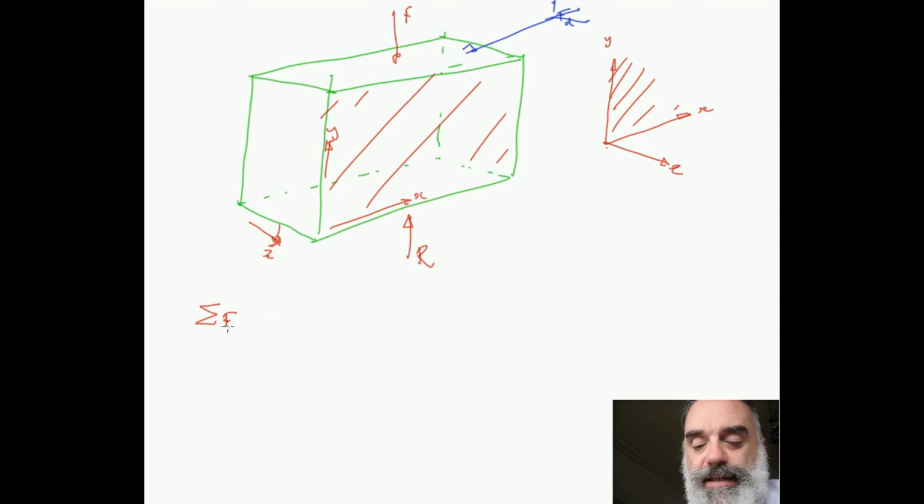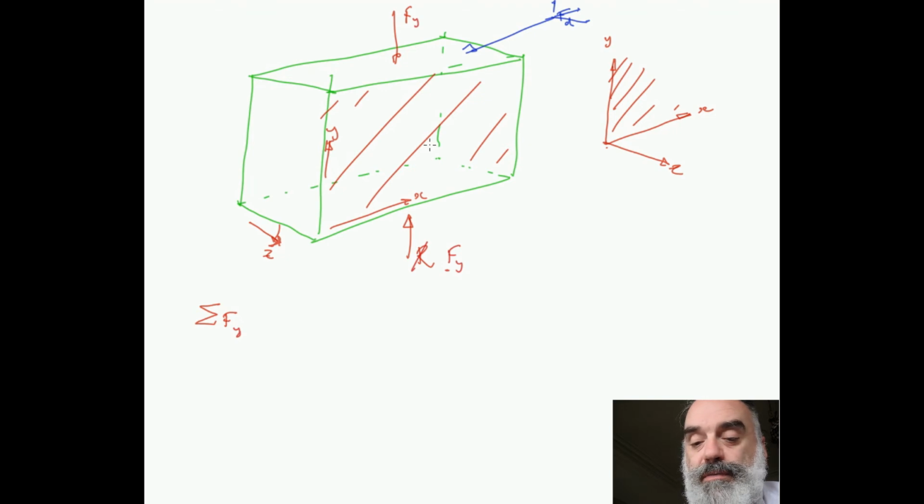So we can say that all the actions or all the forces in the y direction, which is the one that we looked at initially, so this is a force in the y direction and it has a negative value, and that's counteracted by another force in the y direction in the positive sense. So it's a reaction, but we're going to class it as an action or a force, and all the ones coming down have to balance all the ones going up.